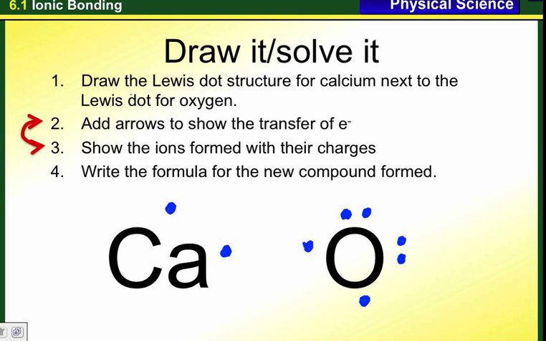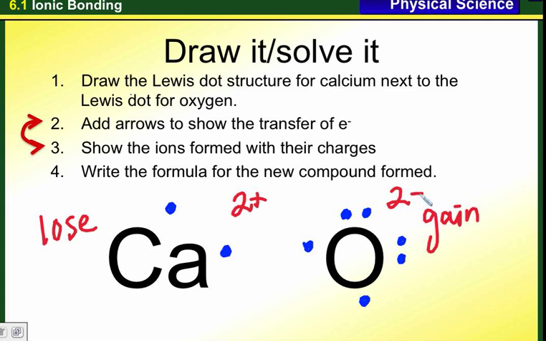What will they do to reach that point? My calcium here, having 2 outer electrons, will want to lose, giving it a charge of 2 plus. Oxygen, having 6 outer electrons, will want to gain, giving it a charge of 2 minus.